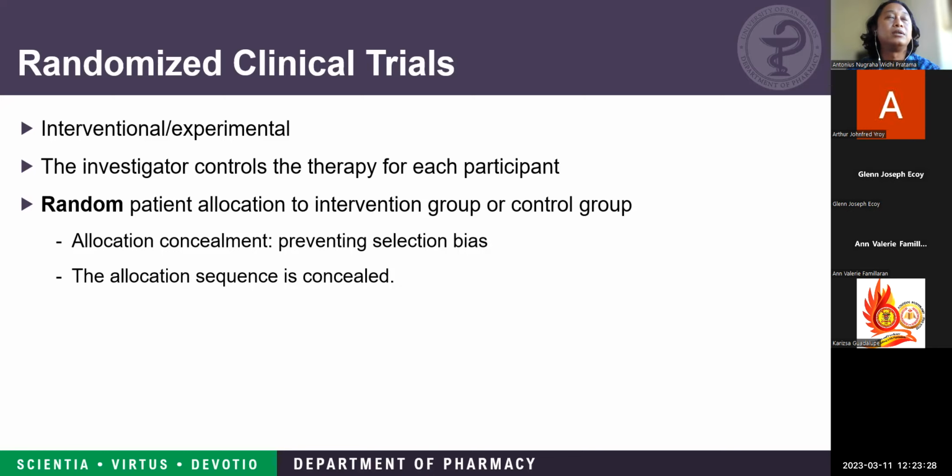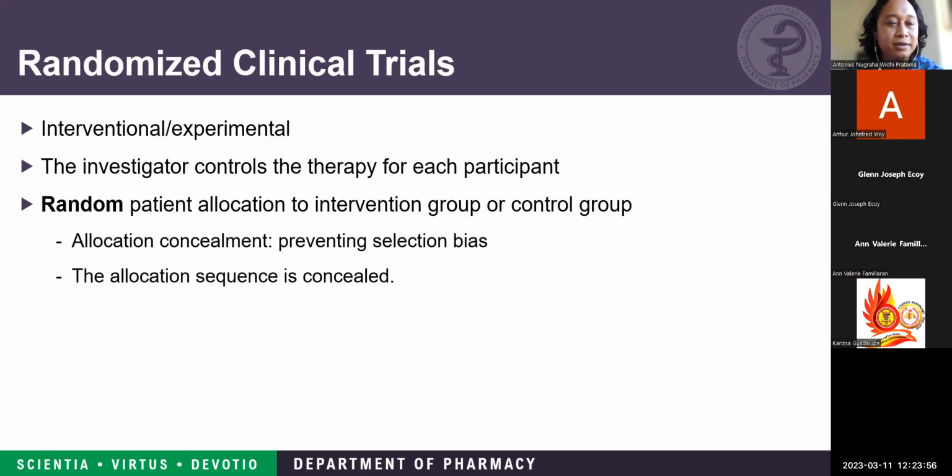That's why some RCTs need to be sponsored by governments or by private industries, because researchers are usually not rich enough to conduct the investigation.